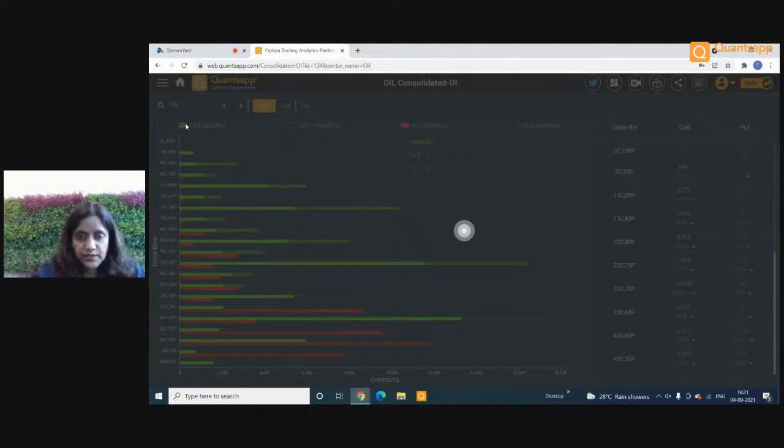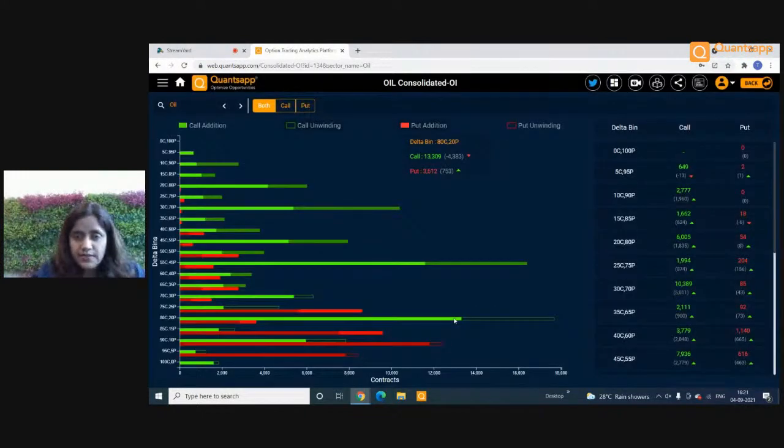If you look here, the oil sector now is at the 80 call delta, where there were 4,300 contracts unwinding. Okay, it moved to the 55 call, where there's a 4,800 addition. Majorly, Reliance was contributing, ONGC was contributing, BPCL was also going higher.